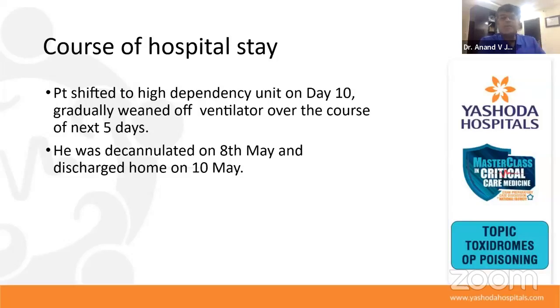You feel he's okay, extubated, goes home, goes to the ward, collapses. You think that it's an intermediate syndrome. It may not be intermediate syndrome. It's still the poisoning which has continued, because you need to continue giving atropine in one case, while in intermediate syndrome, it's mainly supportive care. The reason you need to know this is because the treatment is completely different.